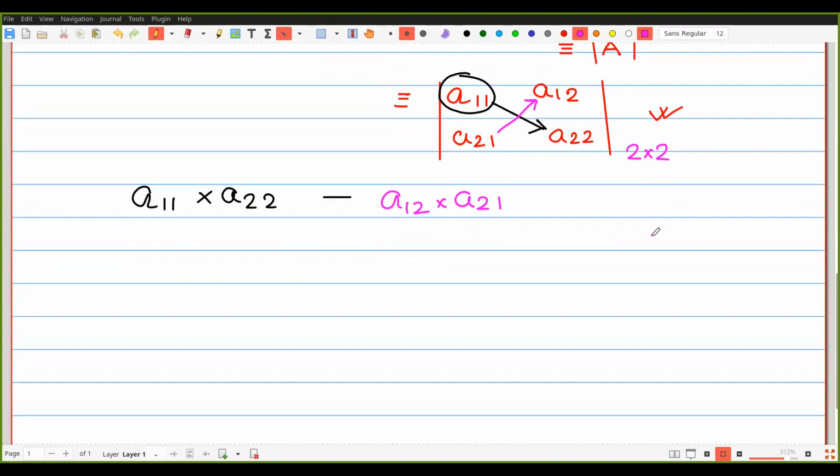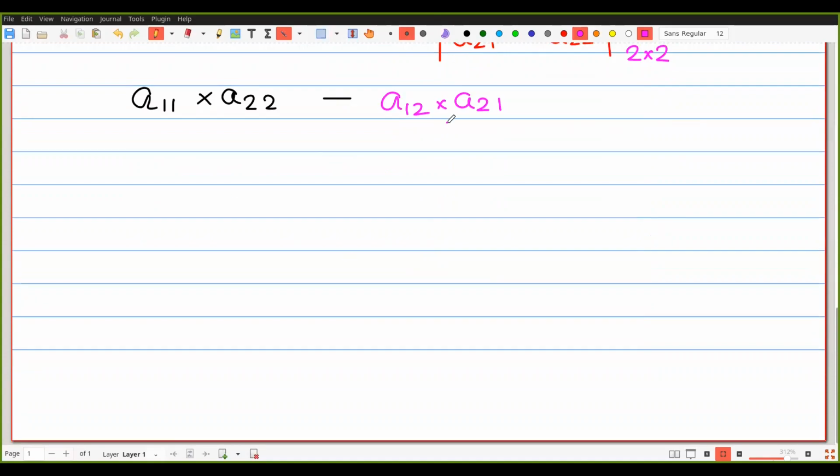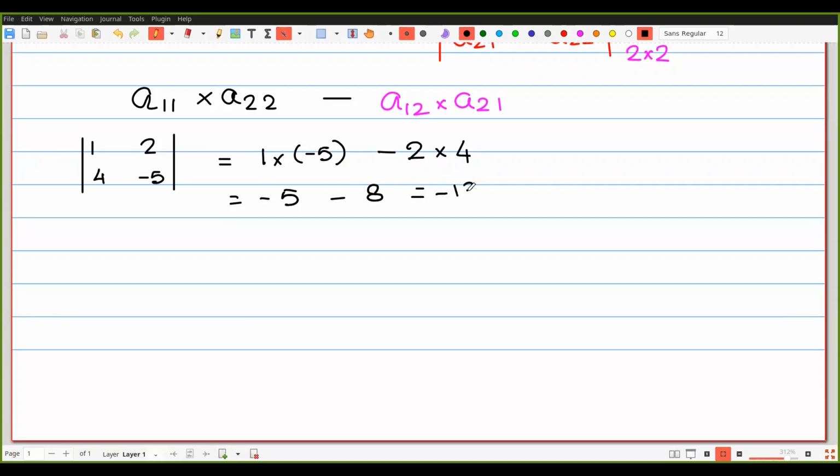Let's take an example. Suppose we have a determinant like that: 1, 2, 4, minus 5. So what is the value of the determinant? 1 into minus 5 minus 2 into 4, or minus 5 minus 8, or minus 13.